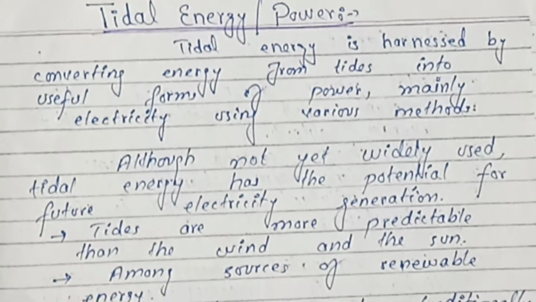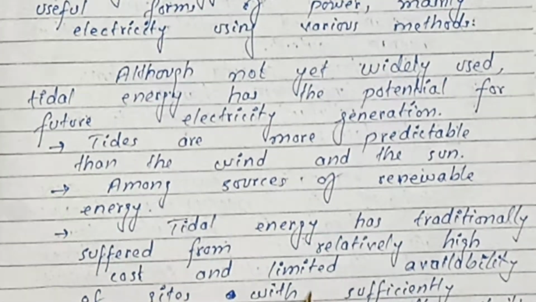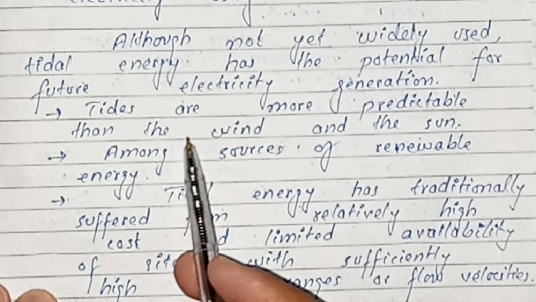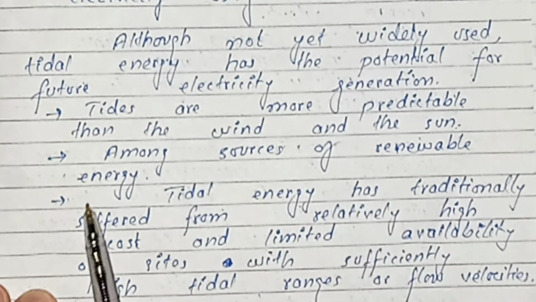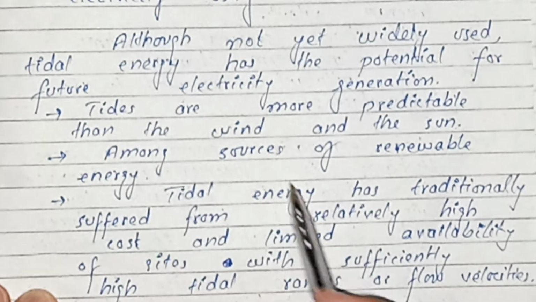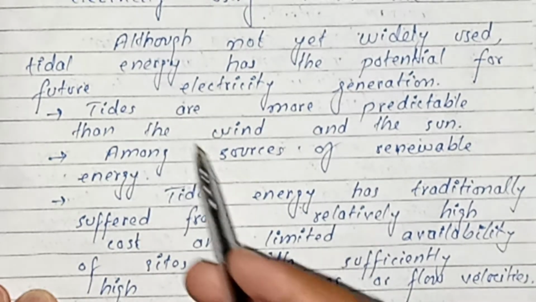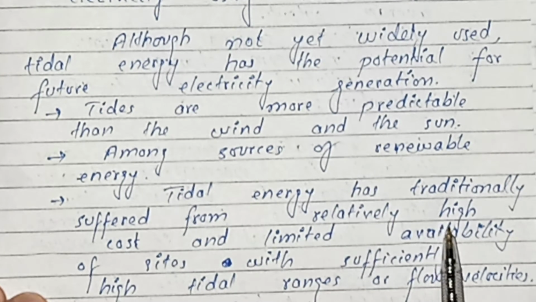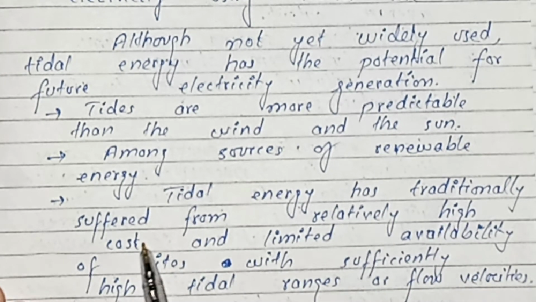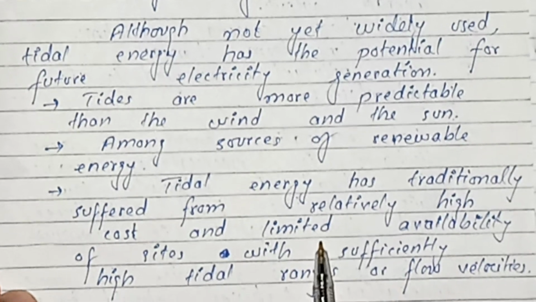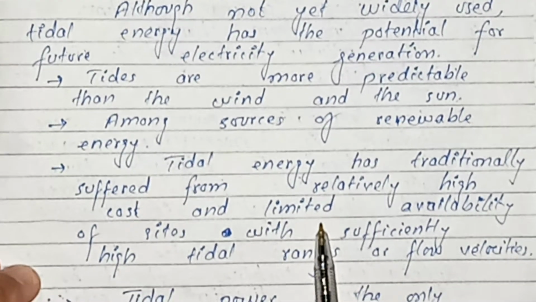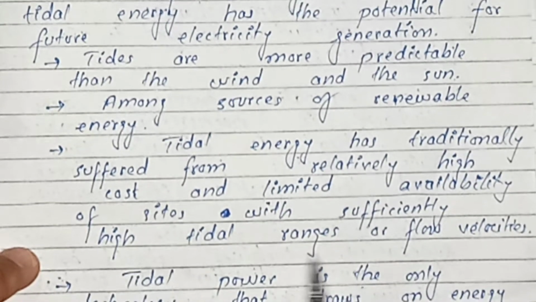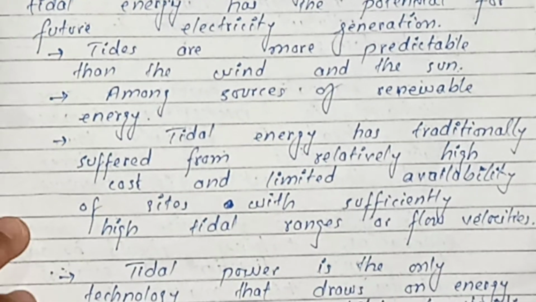Among sources of renewable energy, tidal energy can be renewable. Tidal energy has traditionally suffered from the relatively high cost and limited availability of sites with sufficiently high tide range or velocities.